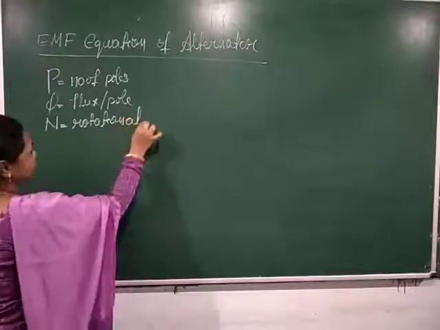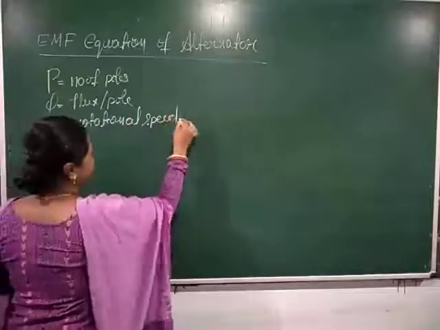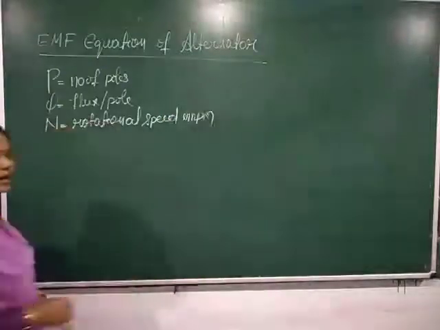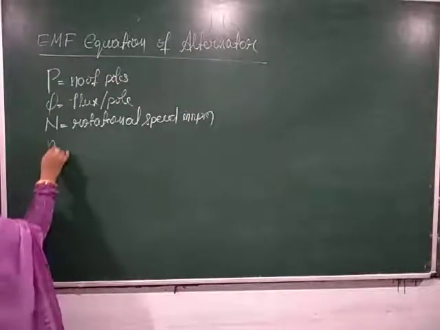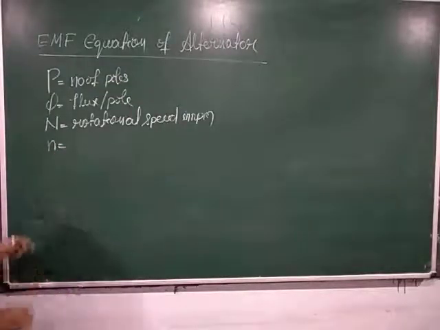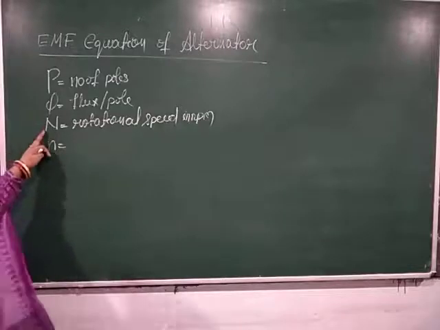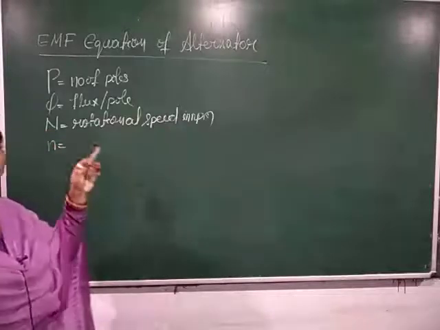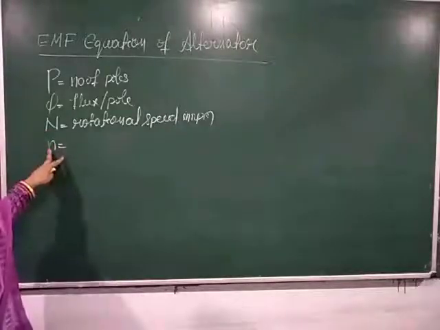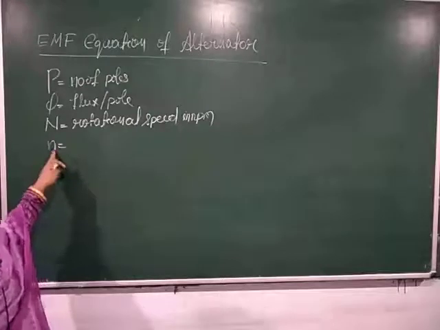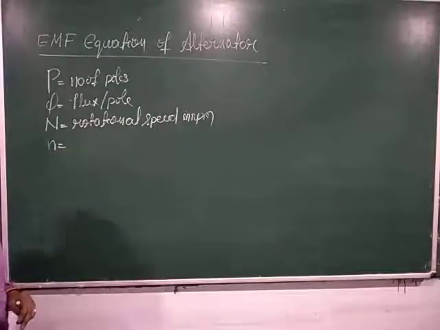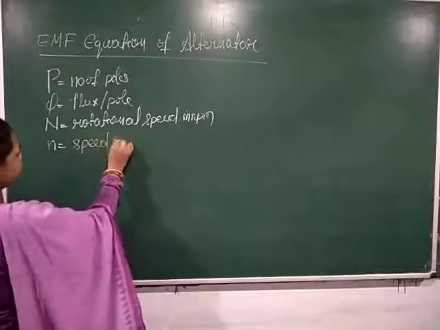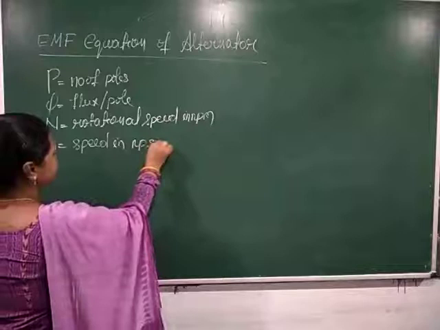Rotational speed in revolution per minute, that is RPM. Here, students, you differentiate between the capital N and the small n. Capital N is the speed in RPM, but small n is the speed in revolution per second.